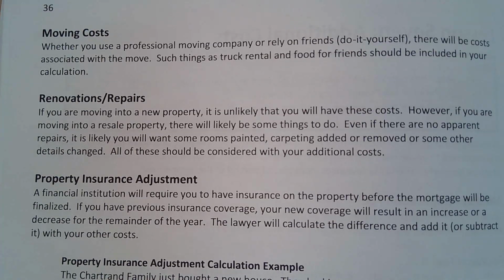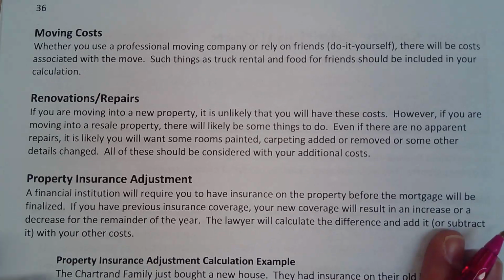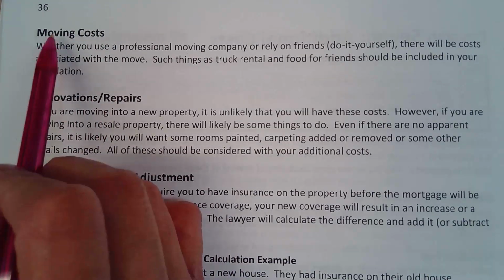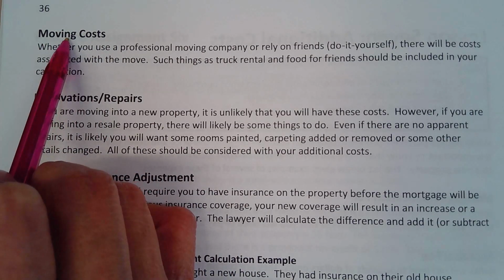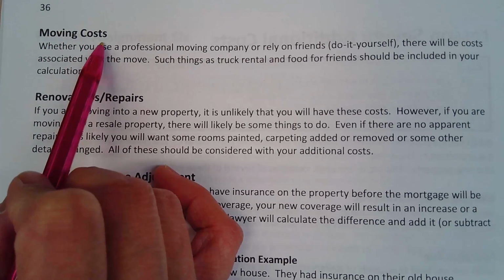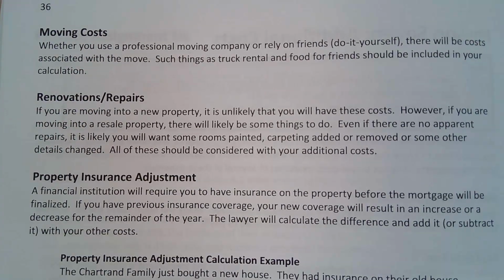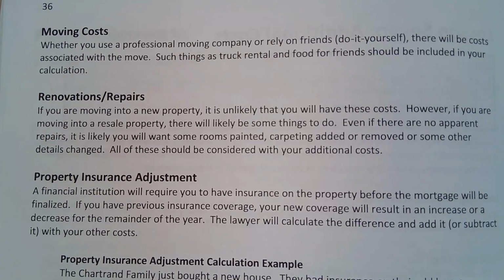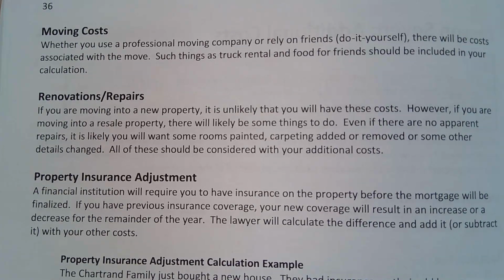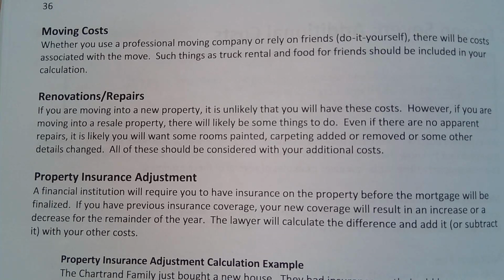Additional cost, after the land survey. Okay, well, here are the other costs, and this is probably one of the common ones. Moving cost. What do we have to pay for when we move? Well, we gotta pay for a moving company, right? We could probably pay for boxes. We could probably pay for the U-Haul if we do it ourselves, right?